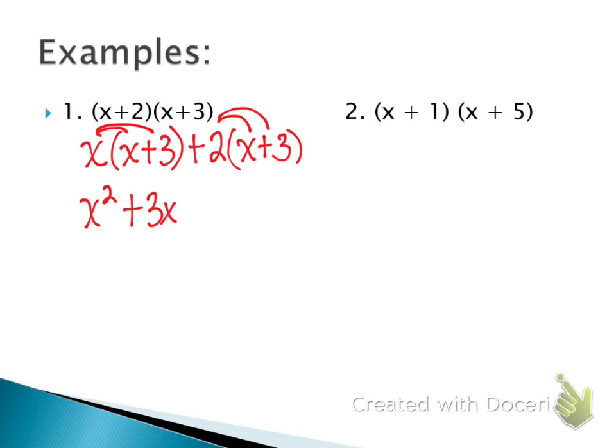May, what do I get when I distribute 2? Positive 2x plus 6. Notice that every term gets a sign except the one in the very front. If it's positive, you don't have to put a plus in the very front. All those other terms got signs. X squared plus 3x plus 2x plus 6.